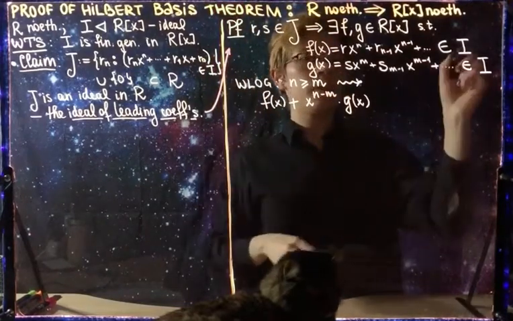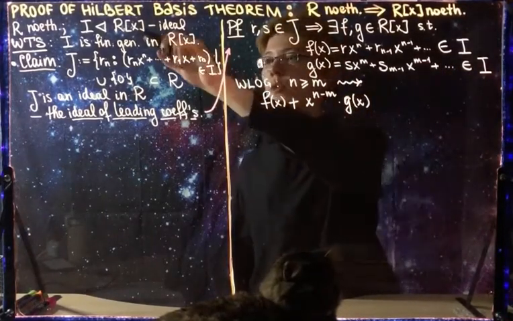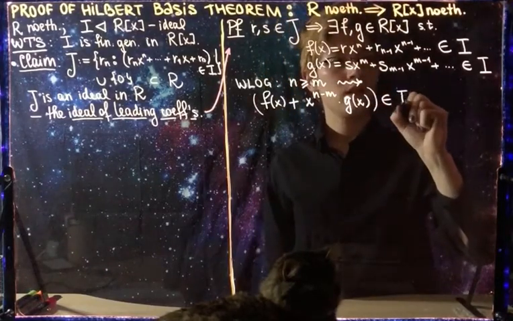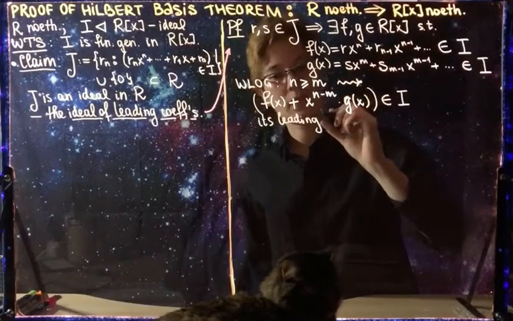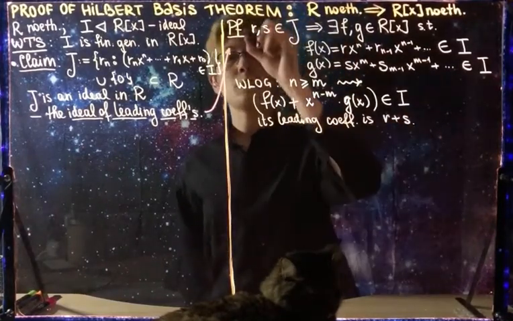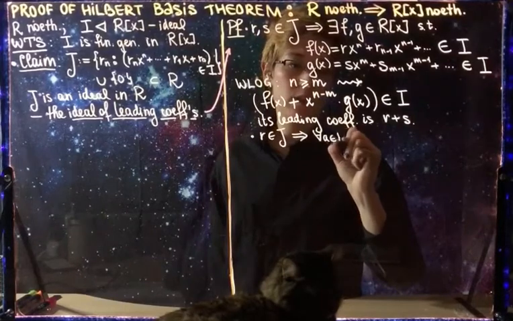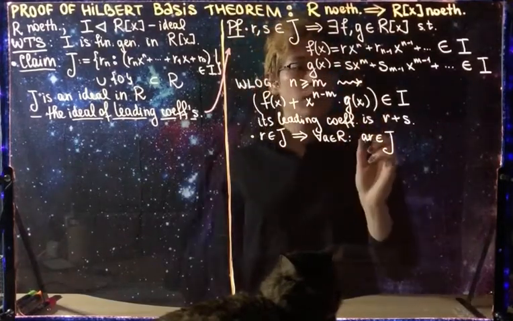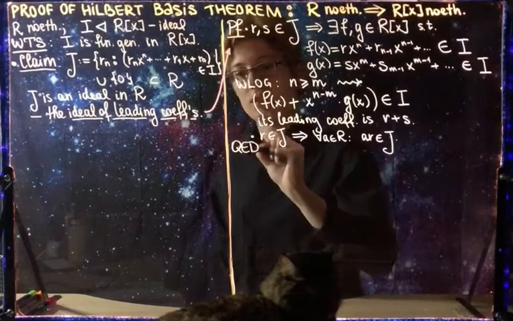And because f and g are in the ideal, I is closed under multiplication by all polynomials, and it is also closed under addition, so this sum is still in I, and its leading coefficient is exactly the sum of R and S. And the easier part is that if R is in J, then for any element A in R, AR is still in J, and this is because we can multiply any polynomial by A, and it multiplies its leading coefficient by A. So this is the proof of the claim.